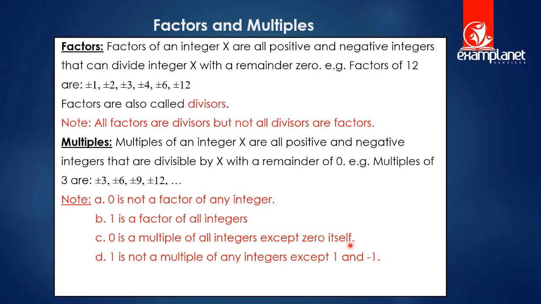So 0 is a multiple of all integers. 1 is not a multiple of any integer except 1 and minus 1. No number can divide 1, except 1 or minus 1. So those are things you should note here.